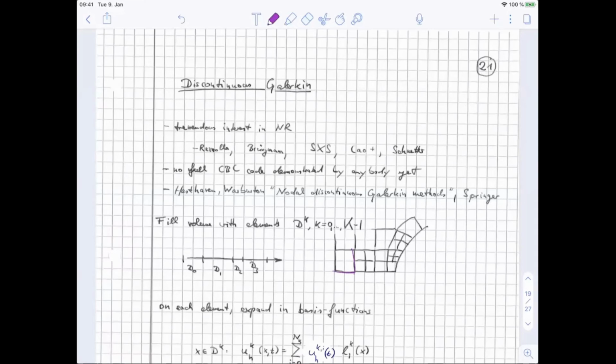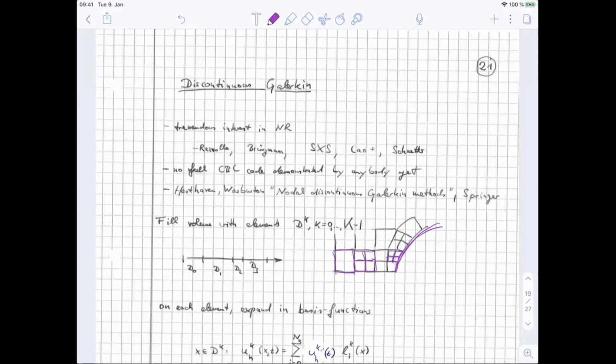Those could be big elements like this one here, smaller elements like these here, or even smaller like those over here. They are all fundamentally distorted cubes, but you can distort them in such a way that you can also get boundaries that are curved and similar features.